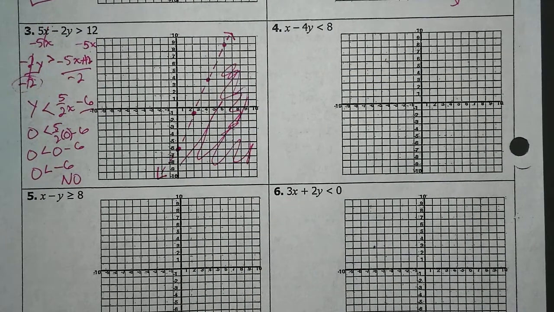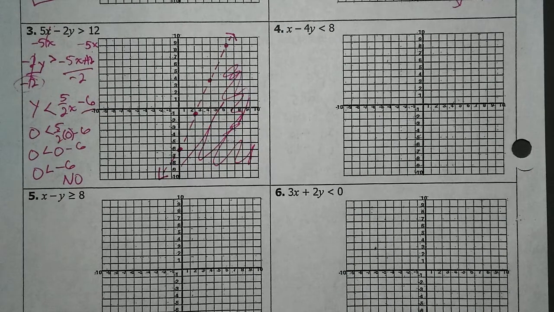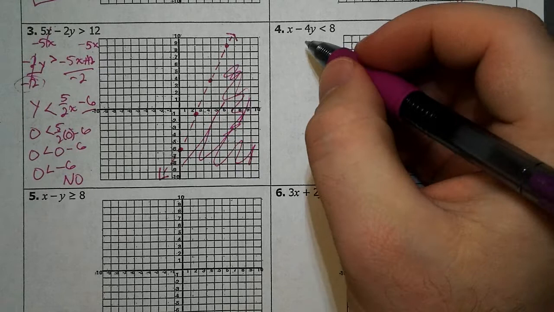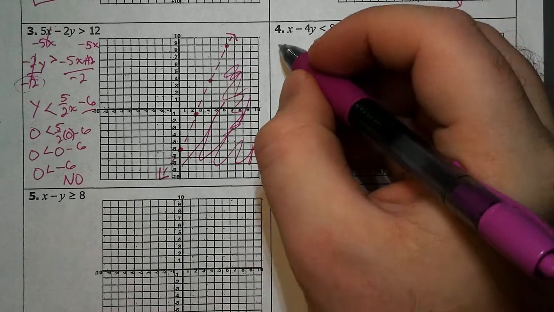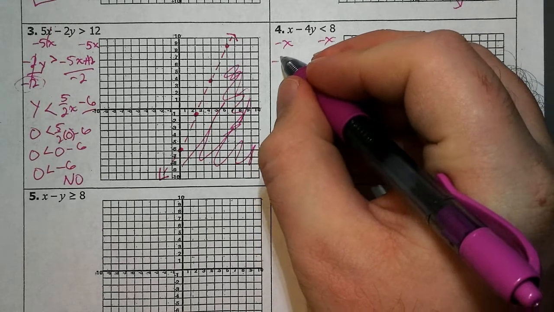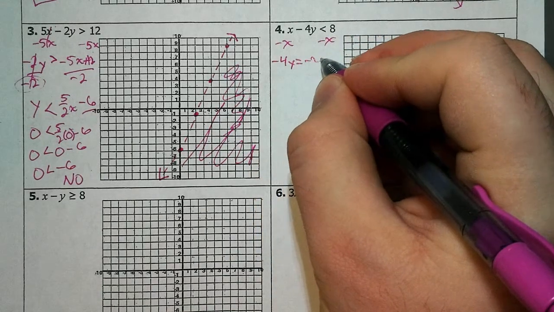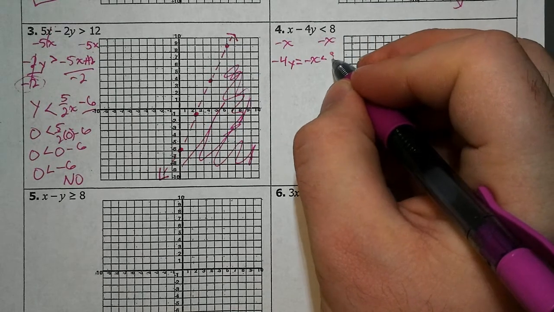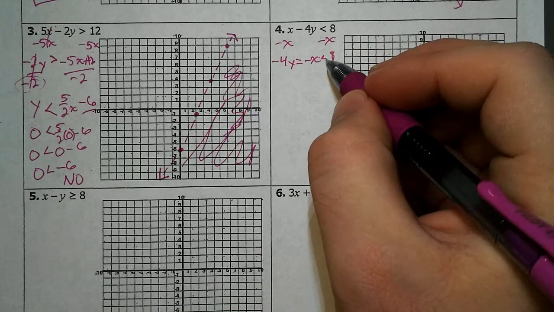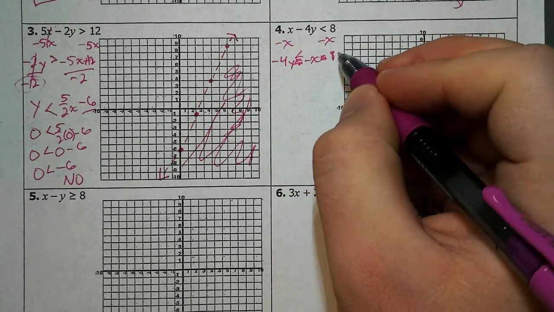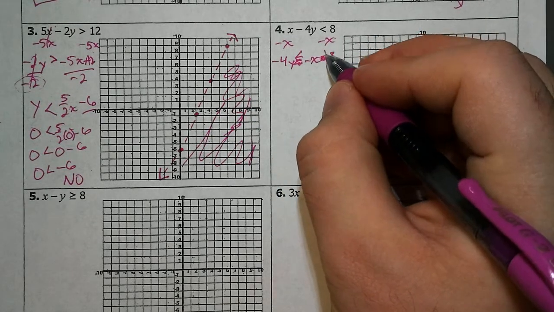All right. Let's try another one that's not in y equals. So this one, once again, it's in standard form. Move our x, bring everything down. Oops, I should have used this symbol, and this is a positive 8, so that's a plus.